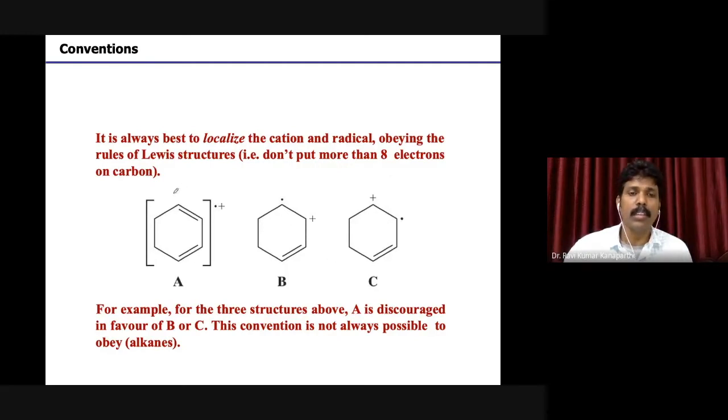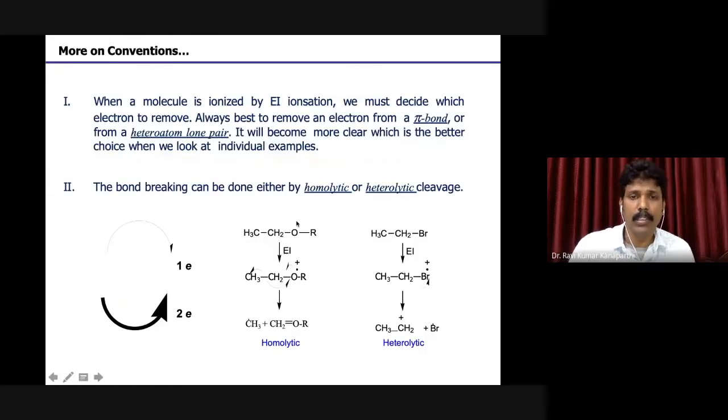Instead of writing this type of notation, it is always better to localize the radical and the cation in the molecular ion. You can follow the rules of Lewis structures, where we follow the 8-electron rule. Likewise here, you localize the radical and the cation on the bonds or the atoms, and then proceed accordingly. That is one principle one should remember.